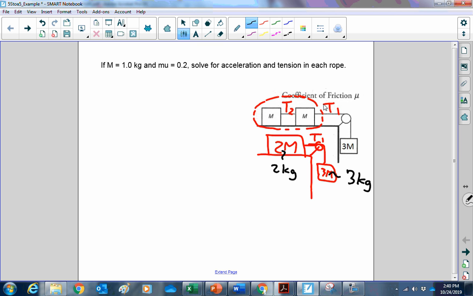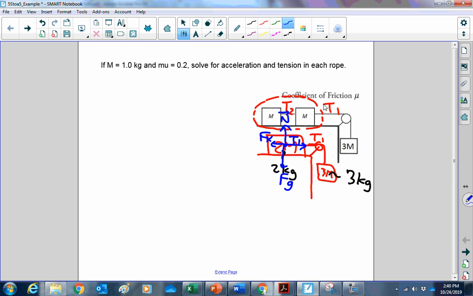When I'm imagining the free body diagrams of these objects, for this 2-block system I would have tension T1, normal, weight, and now this additional force of kinetic friction.